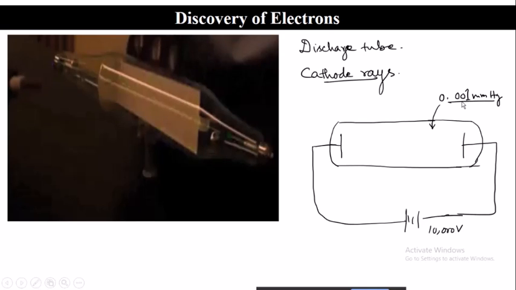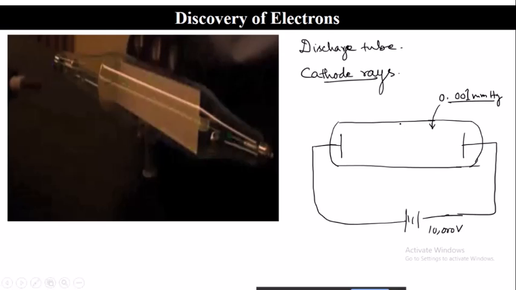Here it is how many times less? 1000 times less. So the pressure is reduced 1000 times inside this discharge tube.